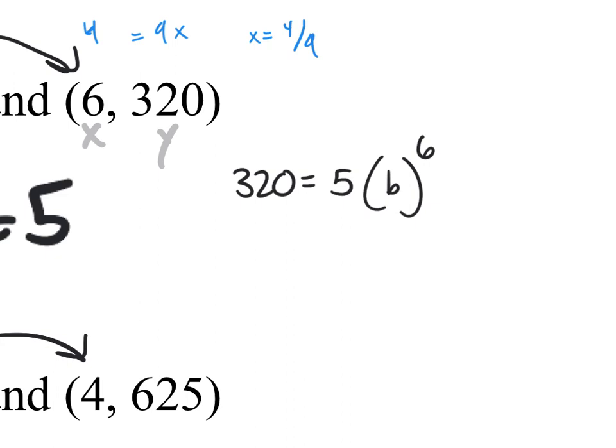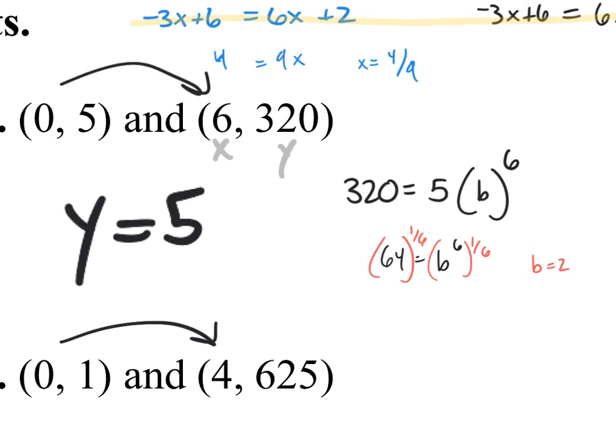And when we do that, we get 64 is equal to b to the 6th. We'll need to take both sides to the 1/6 power, which is also the same thing as the 6th root. And 64 to the 1/6 power tells us that our b is equal to 2.